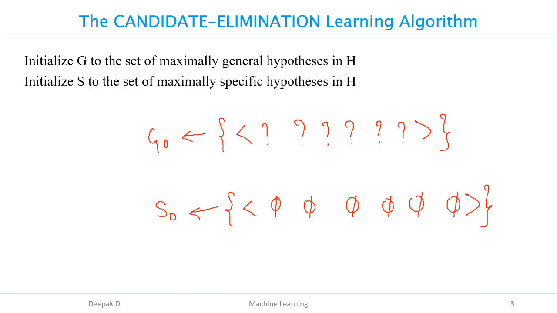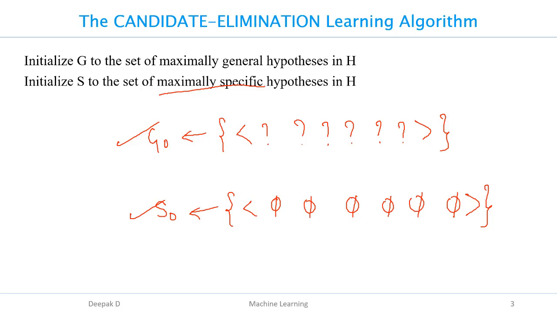As the algorithm says, you have to initialize G to the set of maximally general hypotheses in H, and we are done with this one. The second step is to initialize S to the set of maximally specific hypotheses in H. So these two are done. As each training example is considered, the G and S boundary sets are generalized and specialized so that they eliminate from the version space any hypothesis found inconsistent with the new training example.